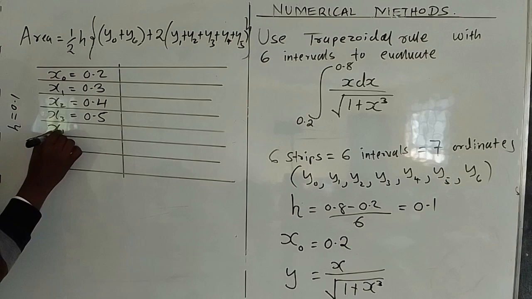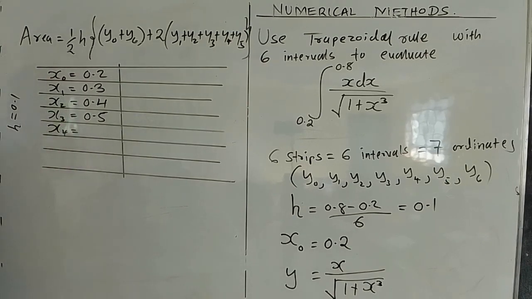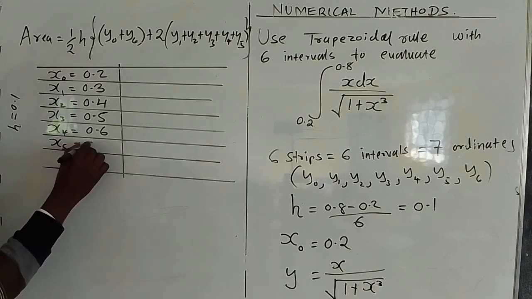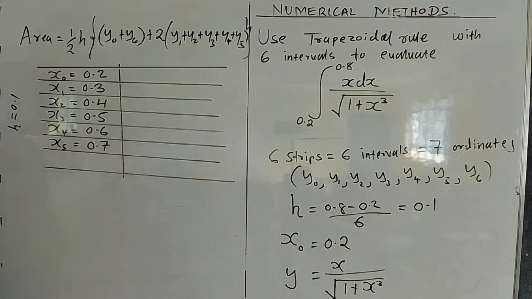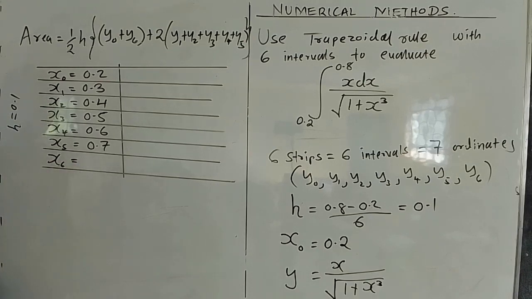0.5. Then you move to x4. x3 plus h gives you x4, which is 0.6. Then you move to the next one. x4 plus h gives you x5, which is 0.7. Then you move to x6, isn't it?